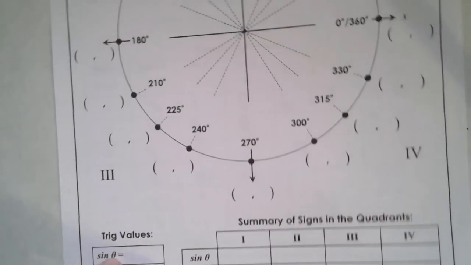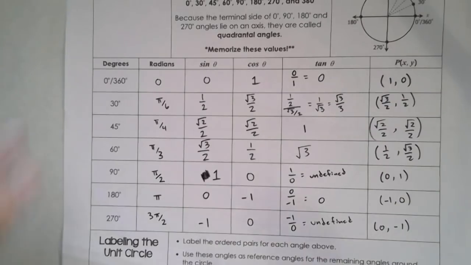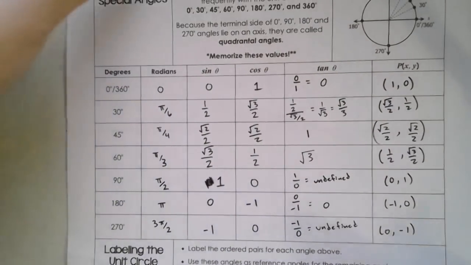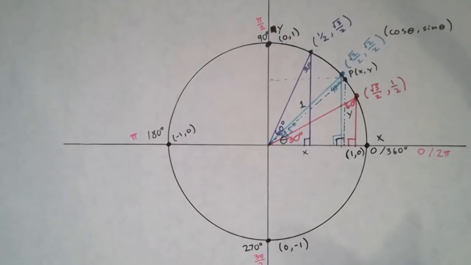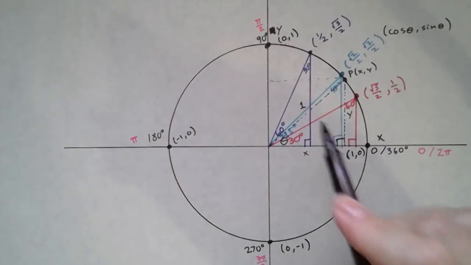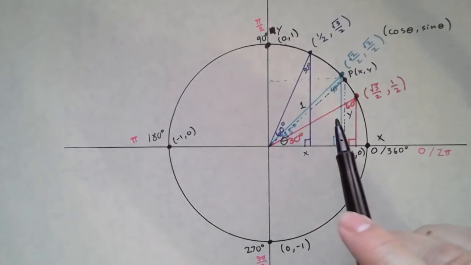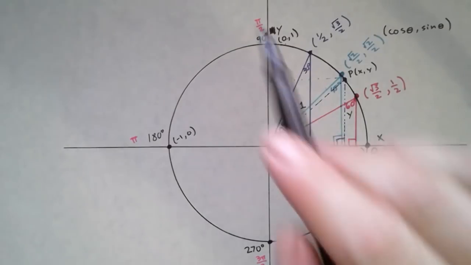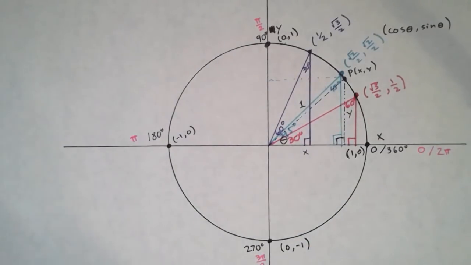So our table is complete. What I want to do now is show you how the logic works to fill in the rest of the circle. I already fitted in my special right triangles here to define these points. The rest of the unit circle is the same thing.